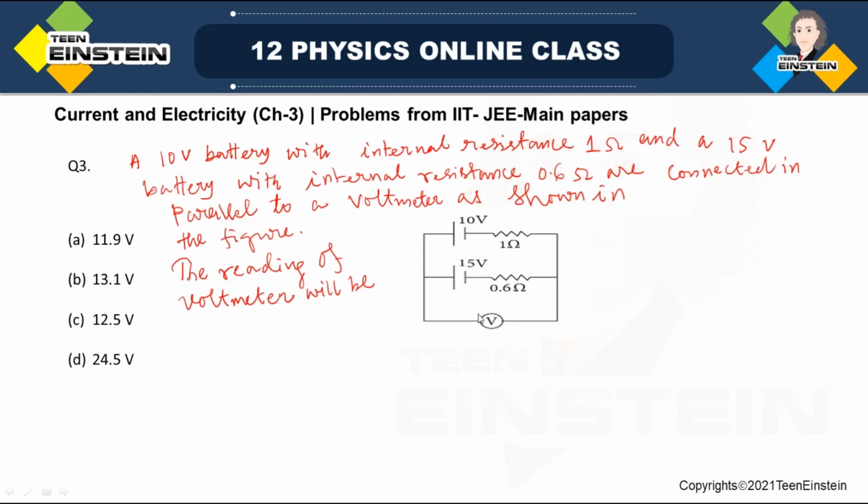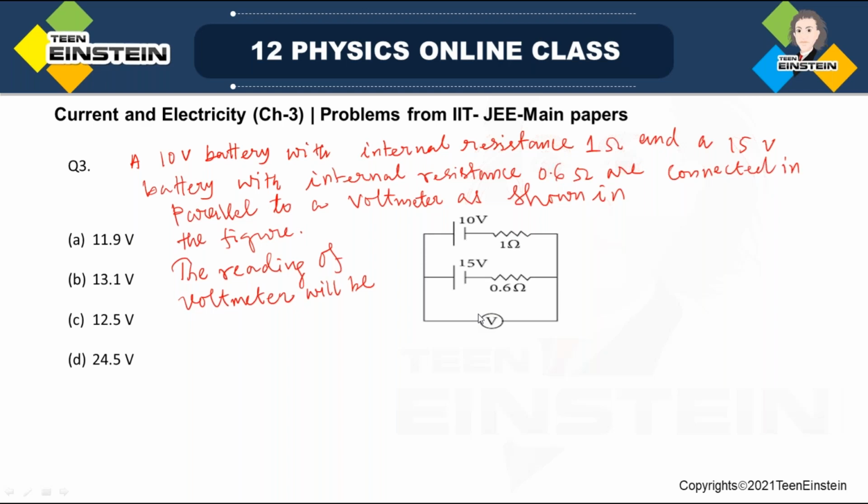We have to find out the voltage across this voltmeter, that means the voltage across this. This is actually a parallel combination of two batteries with two internal resistances, nothing more than that.